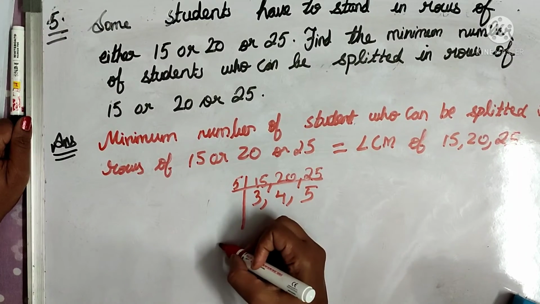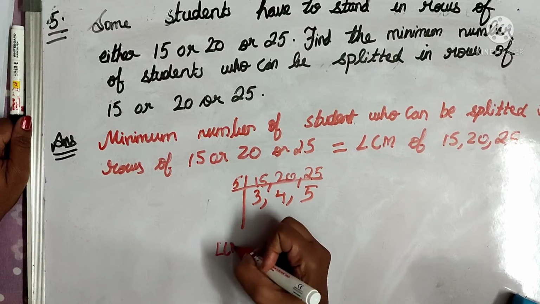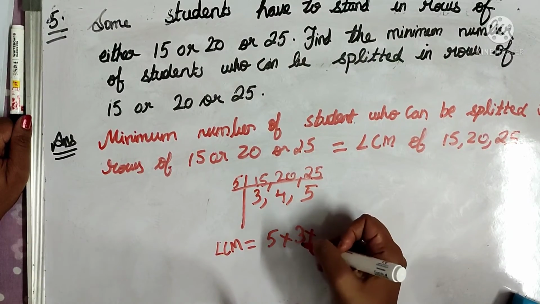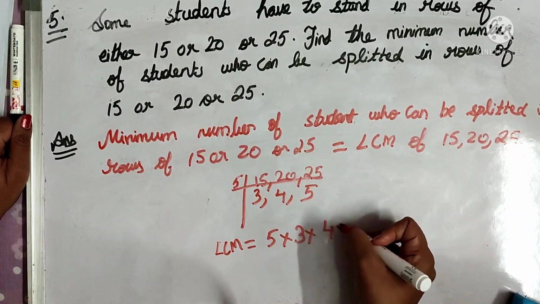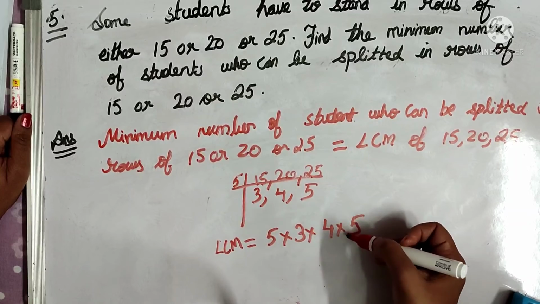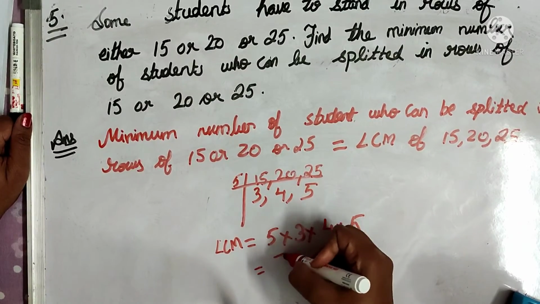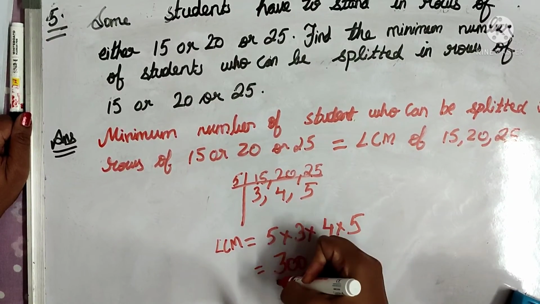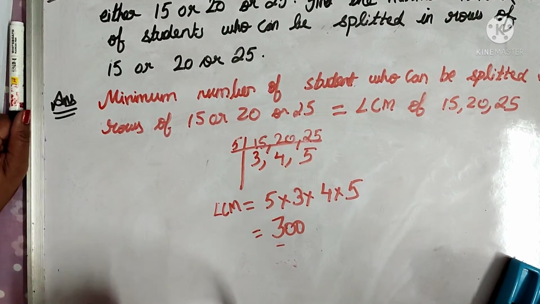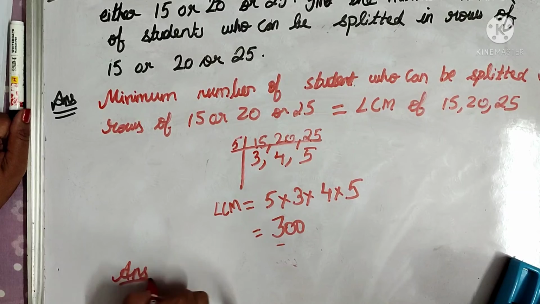So the LCM will be 5 into 3, 15, 15 fours are 60, 60 into 5. 5 threes are 15, 15 fours are 60, 60 fives are 300. So the answer is 300 students. That means the minimum number of students is 300.